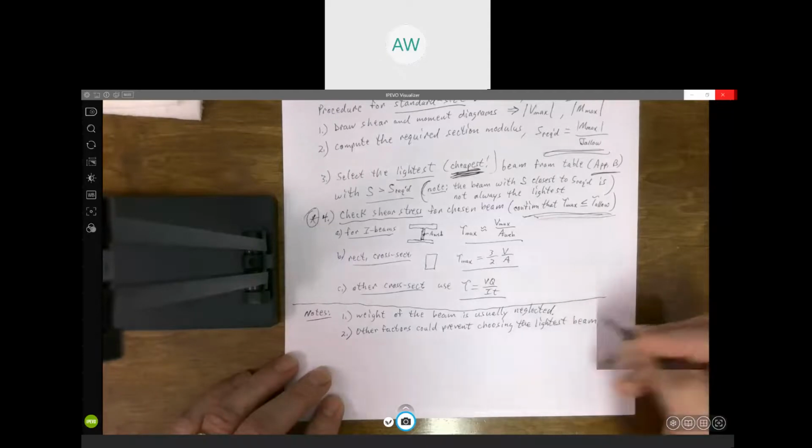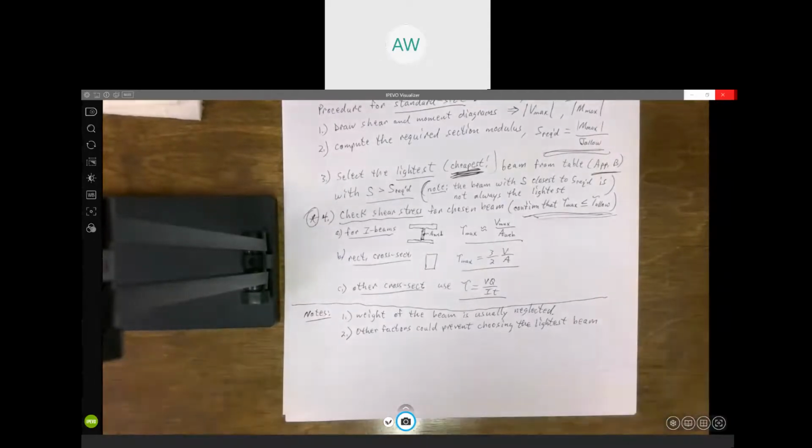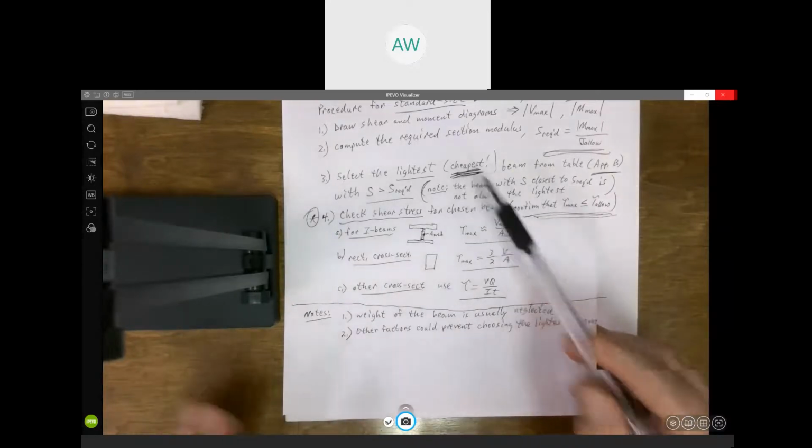Now, you're not going to have to run into any of these in this course. This is just for information purposes when you get out there in the real world. Without any other constraints, you're always going to choose the lightest because it's the cheapest.